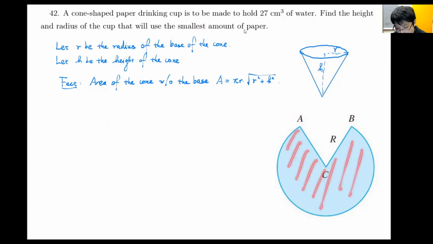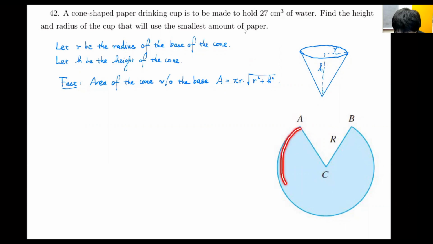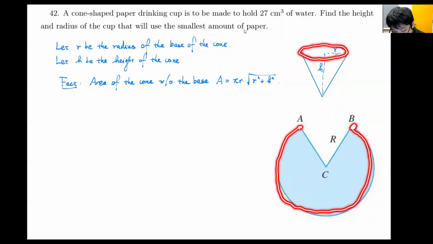So we need to figure out the relationship between this sector and the cone. Here's a key observation: the arc from A to B is the same as the circumference of the base of the cone.